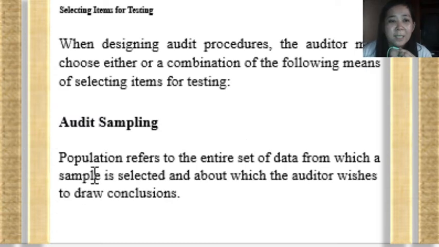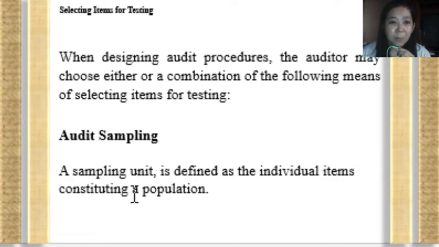So in audit sampling, when we say population, this refers to the entire set of data from which the sample will be taken or selected and about which the auditor wishes to draw a conclusion. Okay, so that is what we mean by population, the entire class of transaction, account balance, or disclosure. But in this case, the auditor will just select a number of items to be included in the sample for evaluation.